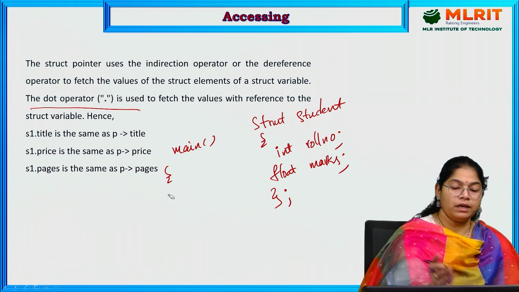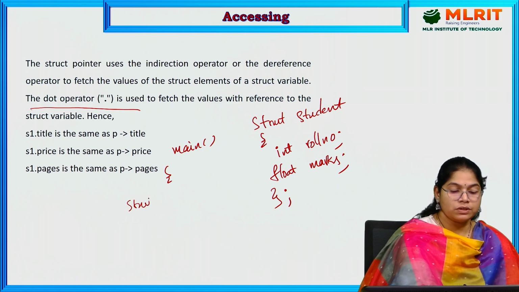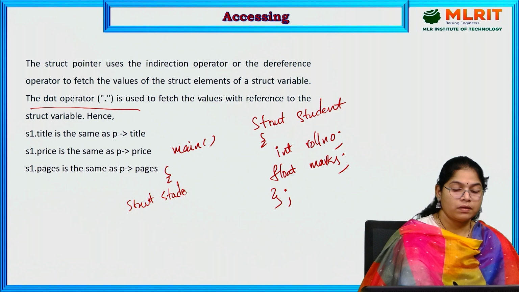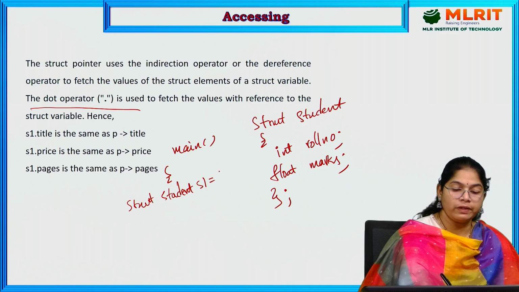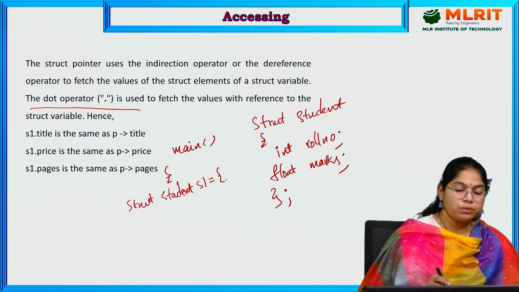Then I am creating a variable for this, struct student s1. Here I am initializing the values. I am taking the values at compile time, meaning we provide the values while we are writing the source code.